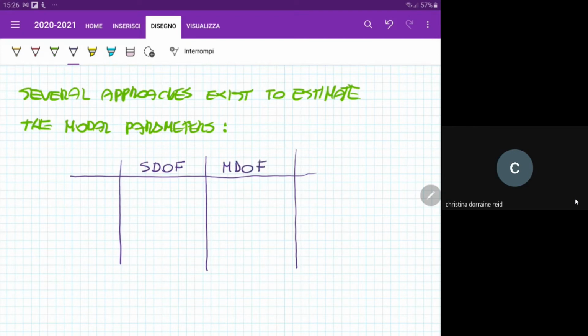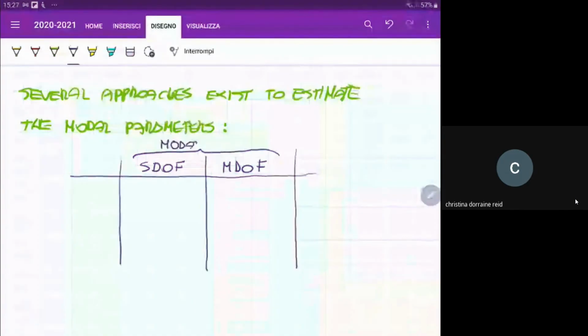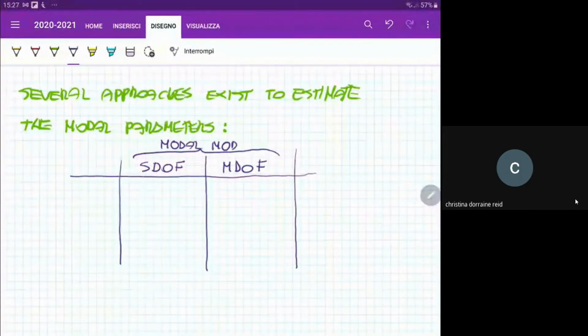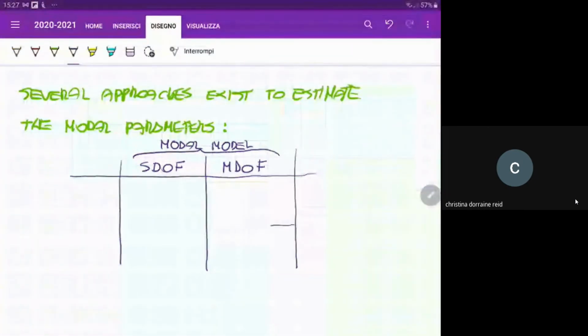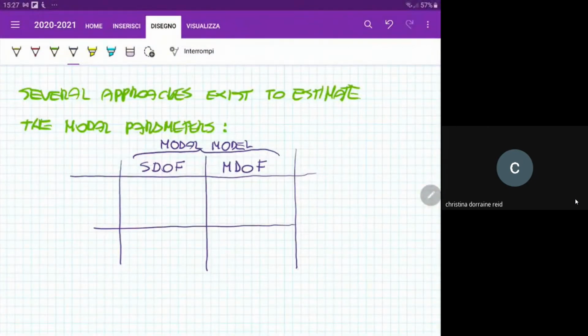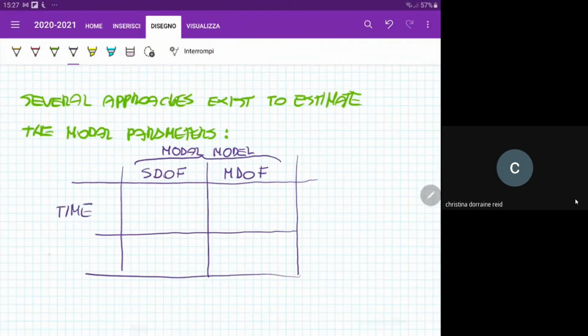These are referring to the model that we are considering, and then we are having time or frequency domain.